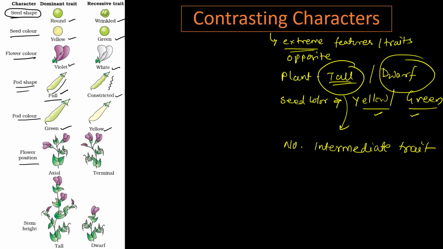The flower position can be axial. Axial means on the sides, not at the terminal position, and here it can be terminal. So it can be axial or terminal. The stem height, which we typically refer to as plant height, can be tall or dwarf. So these were the 7 traits that Mendel had used.